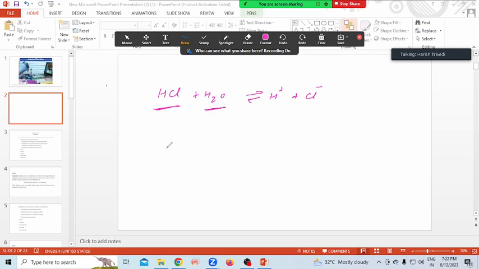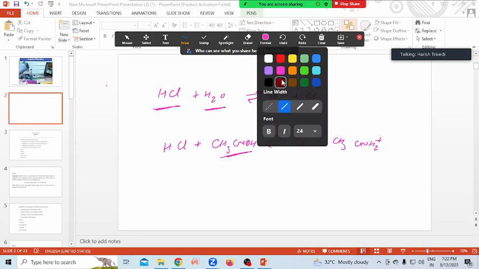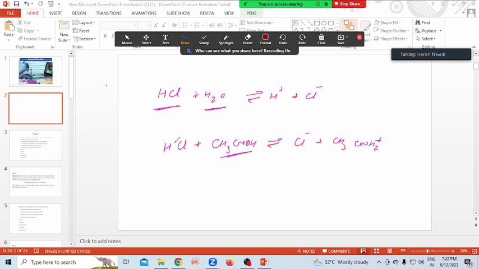Why is it so? Because suppose you are taking HCl in acetic acid, CH3COOH. What will happen? It will give you chloride ion plus CH3COOH2 plus. Simply we can say that HCl is giving a proton to acetic acid.